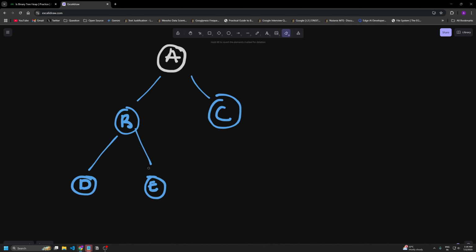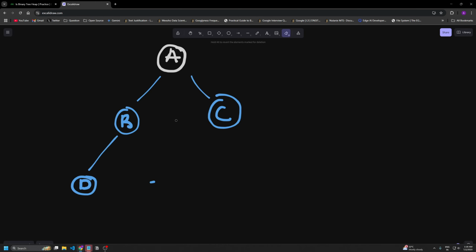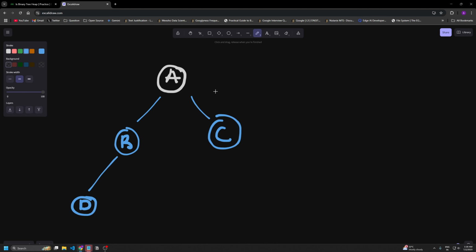So let's start deleting the E element. And can we say that this is still a complete binary tree? According to the question, yes, because it says that all the nodes are as left as possible. So even though there is only one child of B, all its nodes are as far left as possible. When you are playing with heap, you do not put a constraint.